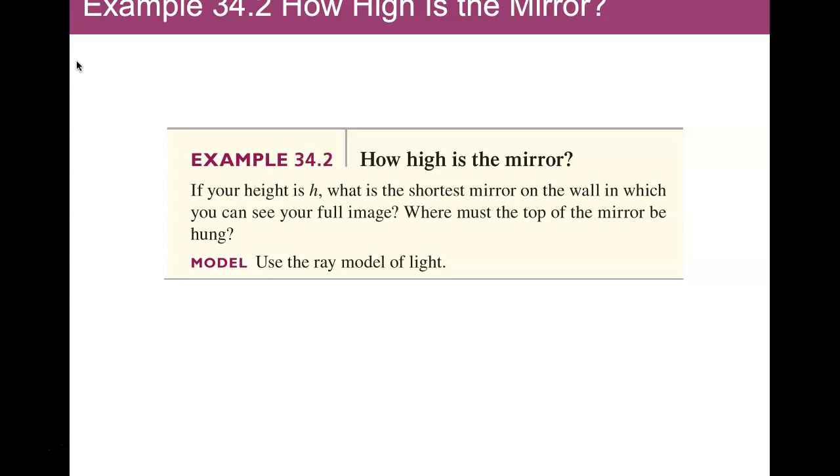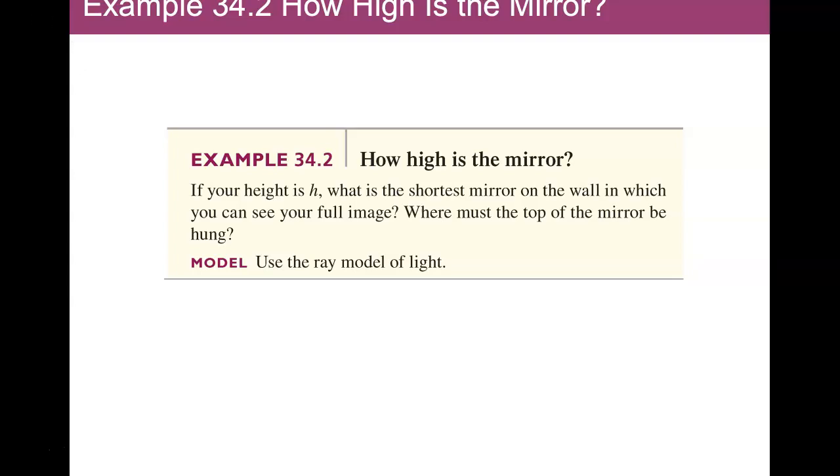So pause the video, try to figure this out. You can also assume there's some length between your eyes to the top of your head. So your height is h, and let's say the distance between your eyes and the top of your head is L1. Okay? So in terms of these, try to figure out the solution.